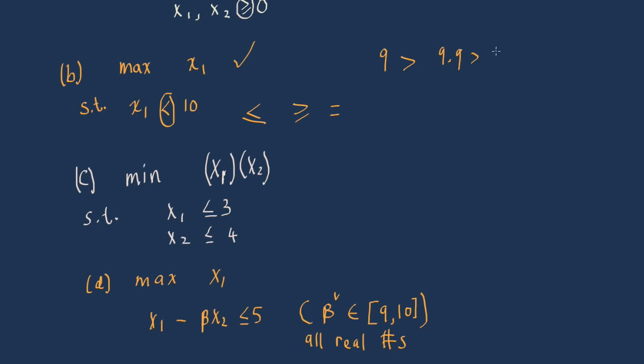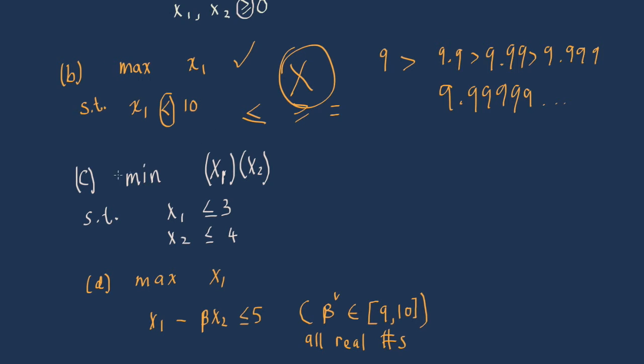We can keep making it bigger, getting infinitely closer to 10, but we'll never have a solution. That's why you can't have just less than or just greater than, and so this is not a linear program formulation.